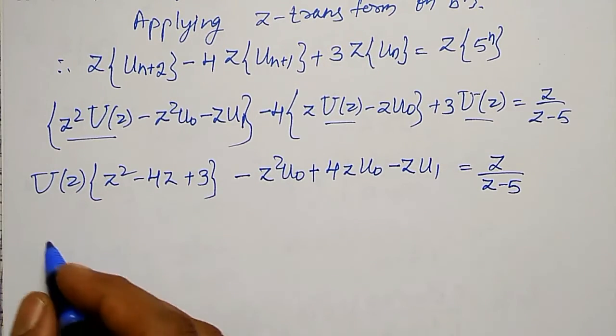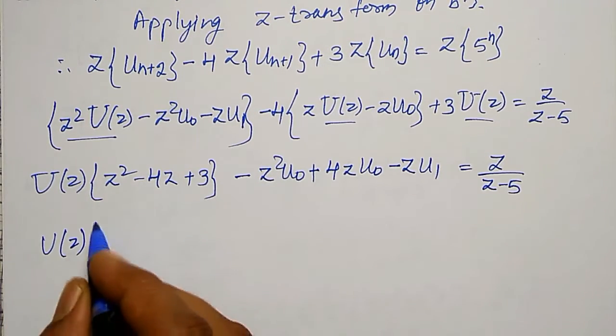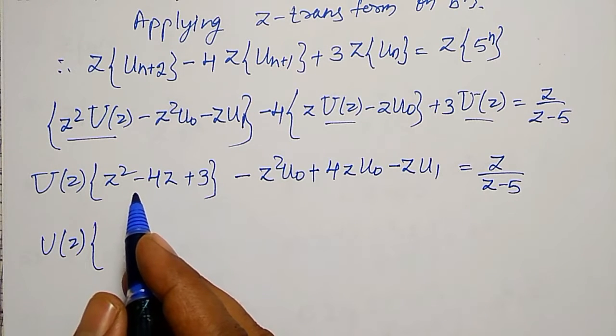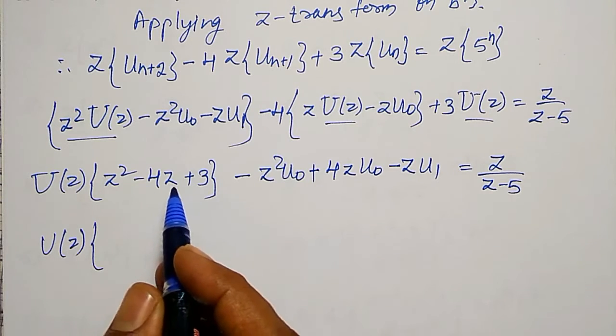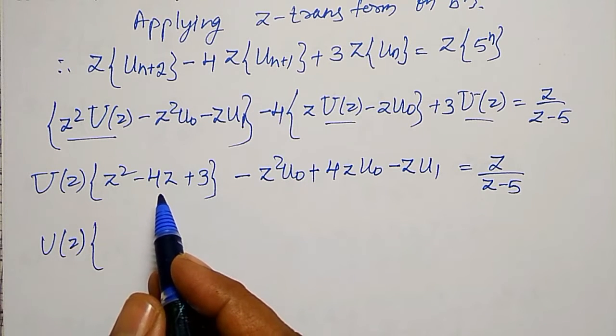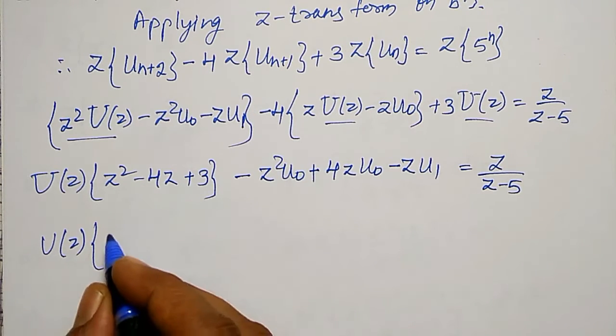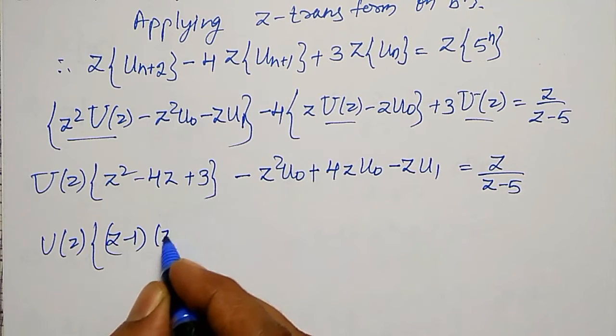And I can write U(z), and these factors I can find using the calculator as I have explained in my previous video. The roots of this are z equal to 1 and z equal to 3. Therefore, the factors I can write as (z minus 1)(z minus 3).